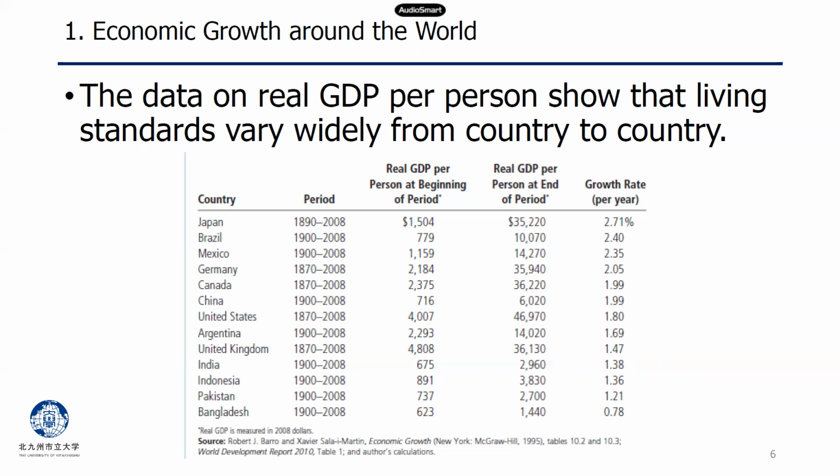Japan, among these countries, is at the top with 2.7% growth every year. But on the other hand, some countries like Pakistan or Bangladesh had a growth rate of around 1% each year. That's like Japan has been experiencing 3 times higher growth rate than those countries for 100 years. And that made a big difference.